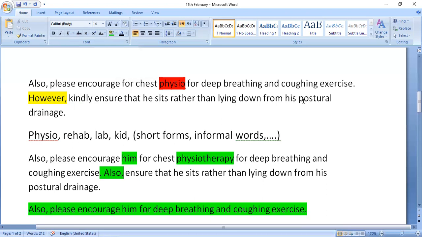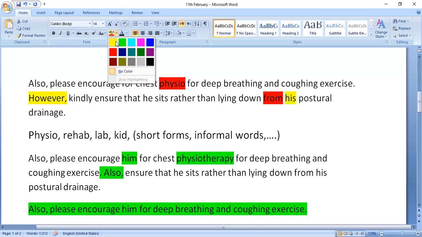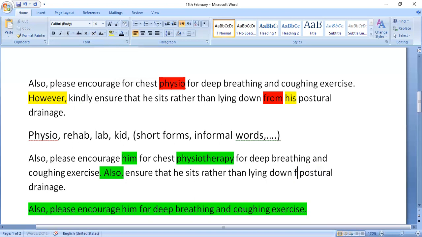Okay, "from his postural drainage": no need for "from", it should be "for". For his postural, no need for "his" also. So "for postural drainage." Okay, please encourage him for chest physiotherapy.